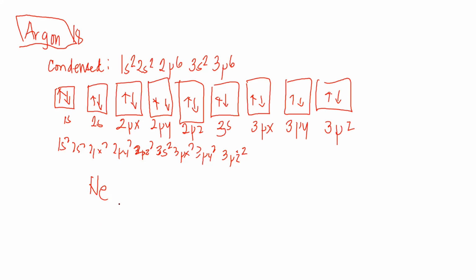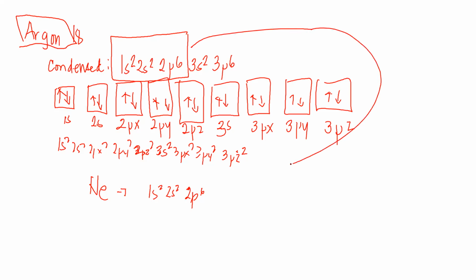By the way, what is the electron configuration of neon? The electron configuration of neon is 1s2, 2s2, 2p6. So we're going to stop here. Instead of writing 1s2, 2s2, 2p6 in noble gas notation, we're going to write it as Ne, neon, plus this, 3s2 and 3p6.